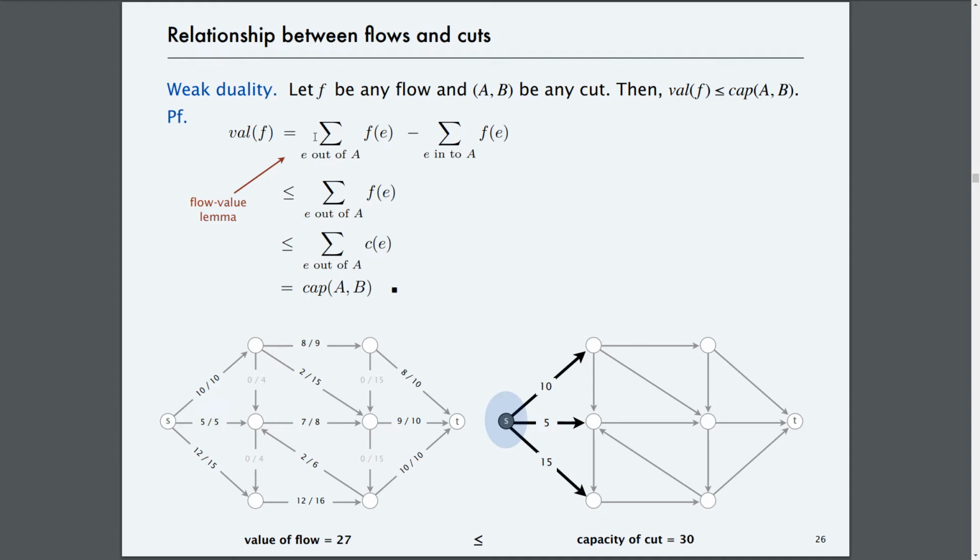So this is less than or equal to this, since we could only possibly increase the value. This is non-negative. Now, this sum here is less than or equal to the sum of the capacities, because each f of e is less than or equal to c of e. And this is just equal to the capacity of A and B.